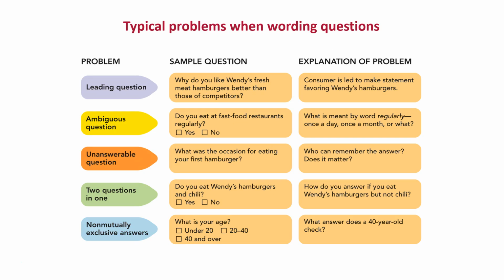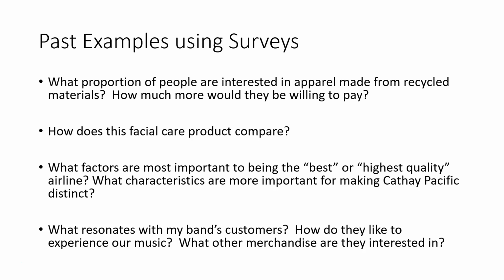So here's the book's examples of issues when wording questions, and you'll notice a lot of them are similar to what we talked about in the last one, but using Wendy's. And here to wrap up are some past examples of how your classmates have used surveys. Keep in mind, a lot of these were done in conjunction with, say, observations and interviews.